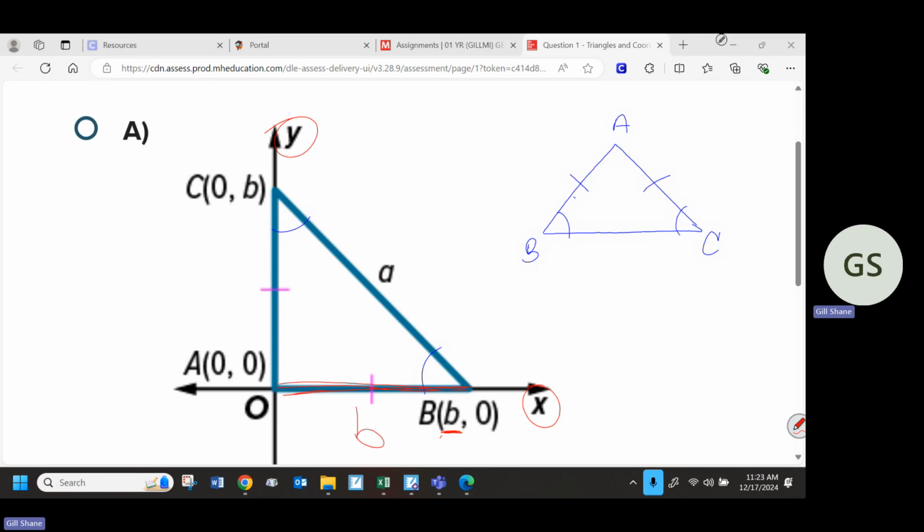What's the length of this side? It's also B. I know that two ways. One, they're congruent, so that one's B. Or if this is the X value, every ordered pair is just an X and a Y. That's how I got this value here.